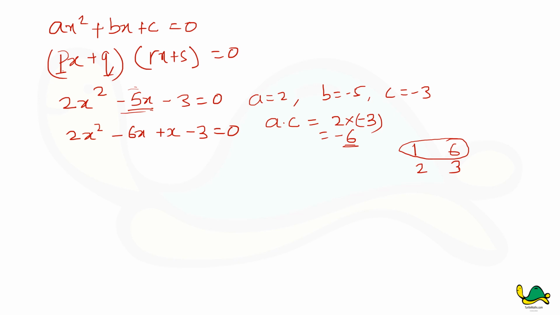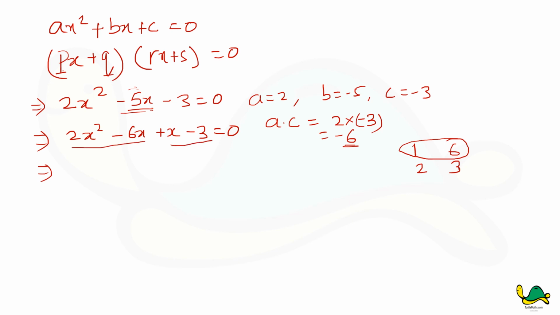Now we have done this. Let's move ahead. We are going to factorize. Factorizing is just the opposite of expanding brackets. So we want to write two binomials.